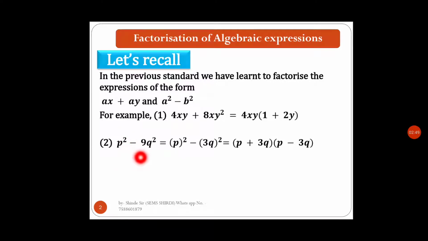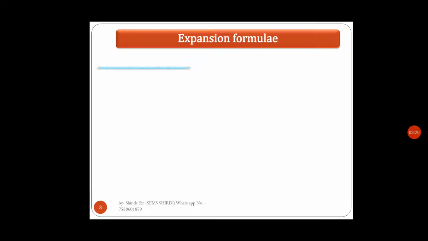Now p square is a perfect square of p, and 9q square is the square of 3q. We take 3q in bracket square. Here a is equal to p, b is equal to 3q. Now a plus b means the bracket p plus 3q into the bracket p minus 3q, that is a plus b, a minus b. These are the factorization.